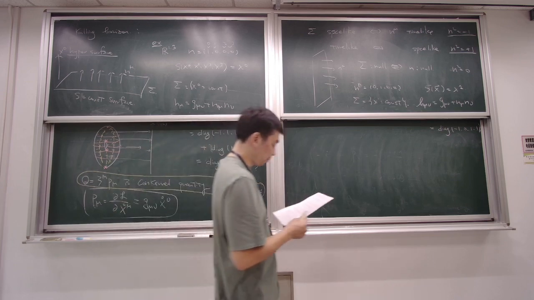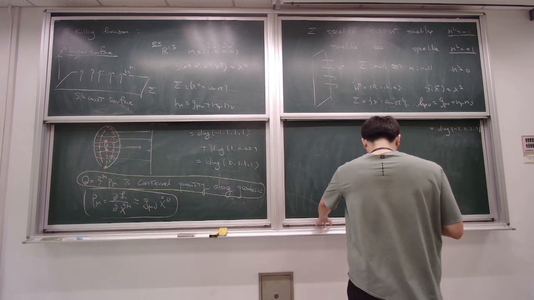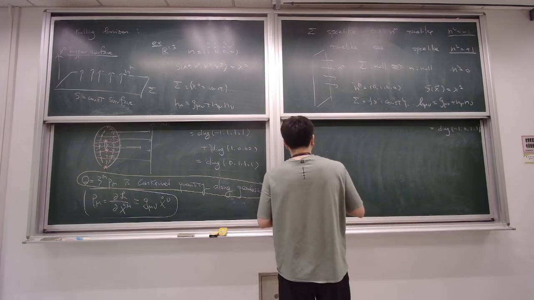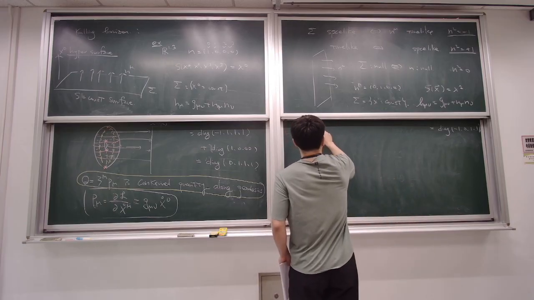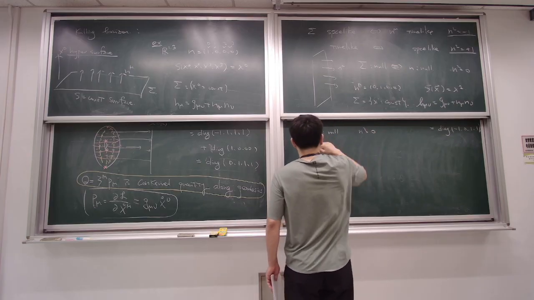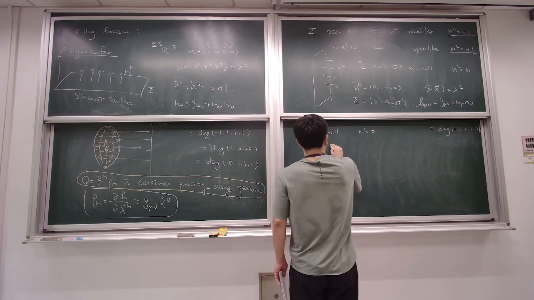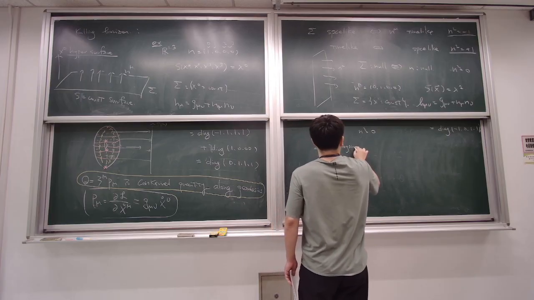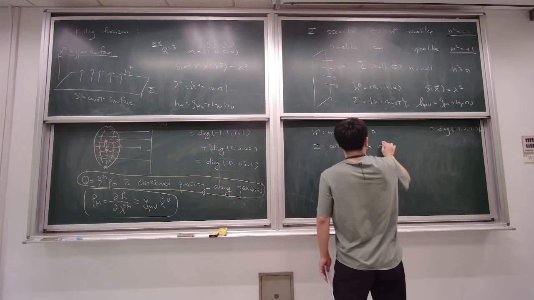So for the null hypersurface, n mu is null, so that n square is equal to 0, and sigma is orthogonal to n mu.